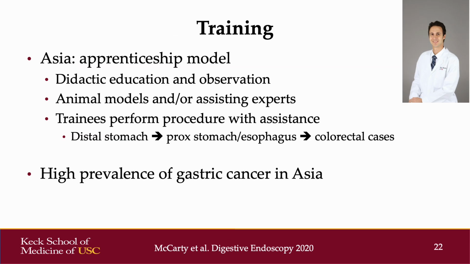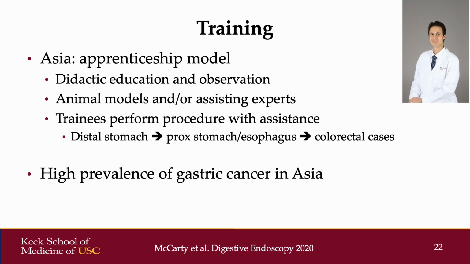Training in ESD can be challenging as this procedure is not performed at every training program. In Asia, an apprenticeship model is used where didactic education is given and observation of many cases. The trainee then will perform ESD on animal models and will assist the expert endoscopist in performing ESDs.